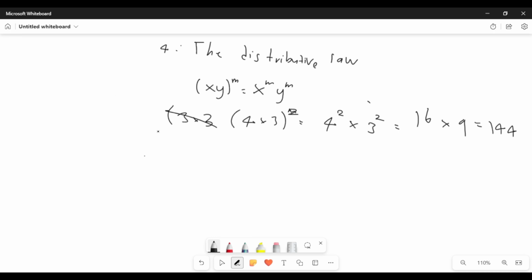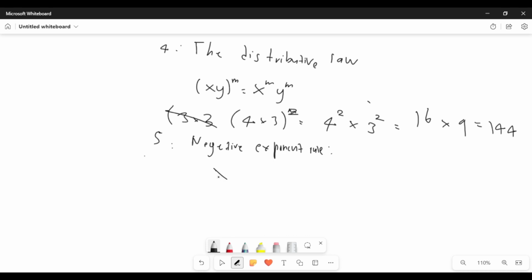Then the fifth law is called the negative exponent rule. It's not really a formula, it's more like a way to see how the numbers arrange themselves.